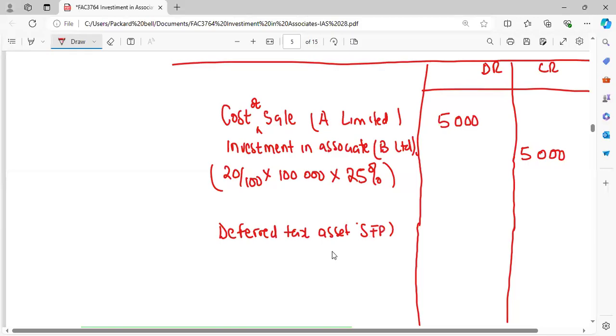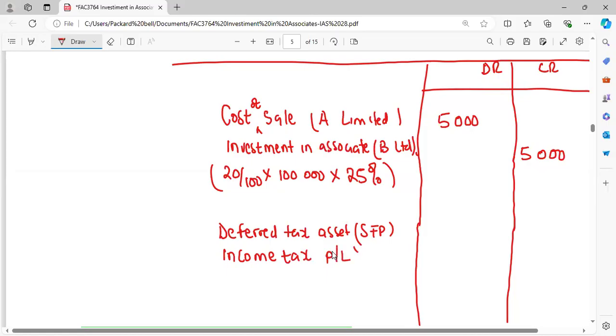And what's the other side of the double entry? How is this deferred tax asset going to affect our income tax? It's going to reduce the income tax. So which means we credit income tax in the profit and loss.